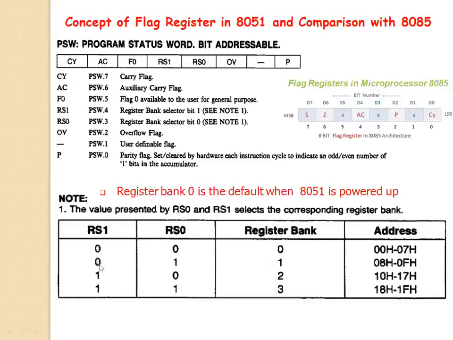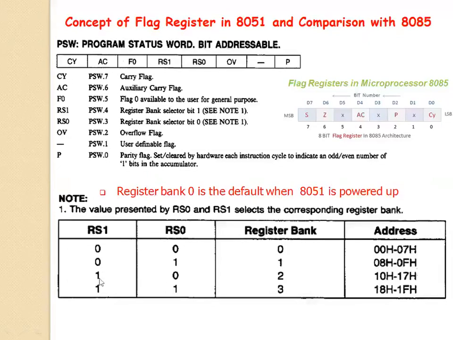Then if RS1 is equal to 0 and RS0 is equal to 1, I can select register bank 1. The addresses will be 08, 09 and up to 0F. These are the registers R0 to R7, but they come from bank 1.